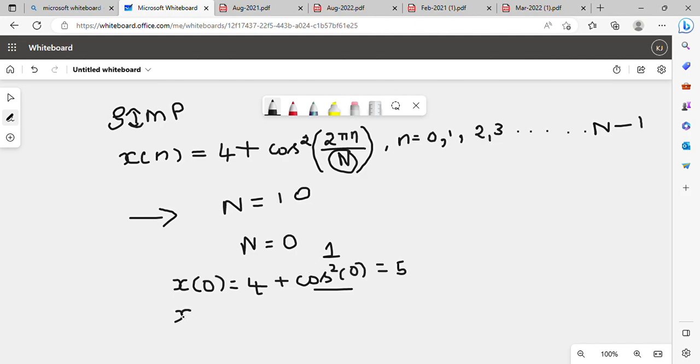Here, if you substitute 0 and multiply everything with 0, you get 0, so it becomes cos square of 0, which is 1. I'll write the resultant value and showcase the calculator part in a separate video, because I can't show the calculator over here.